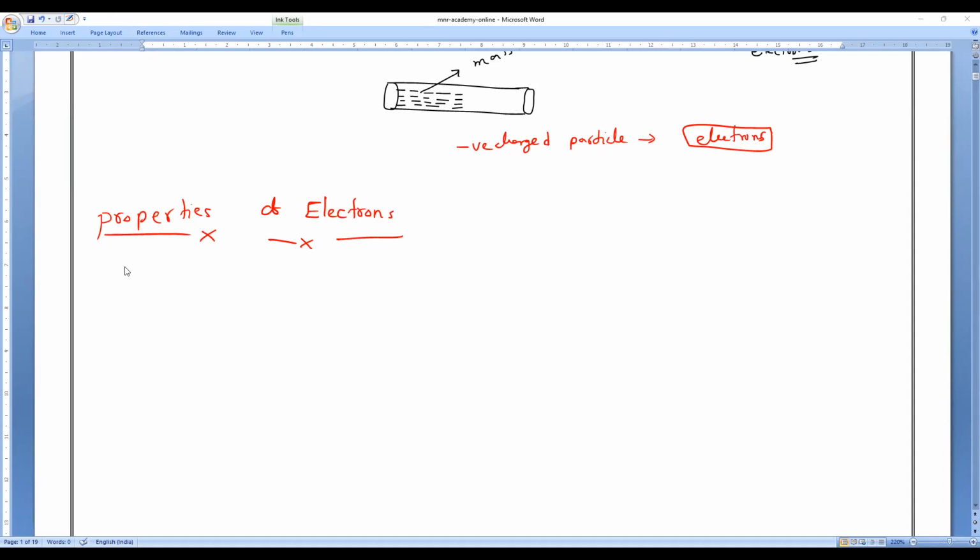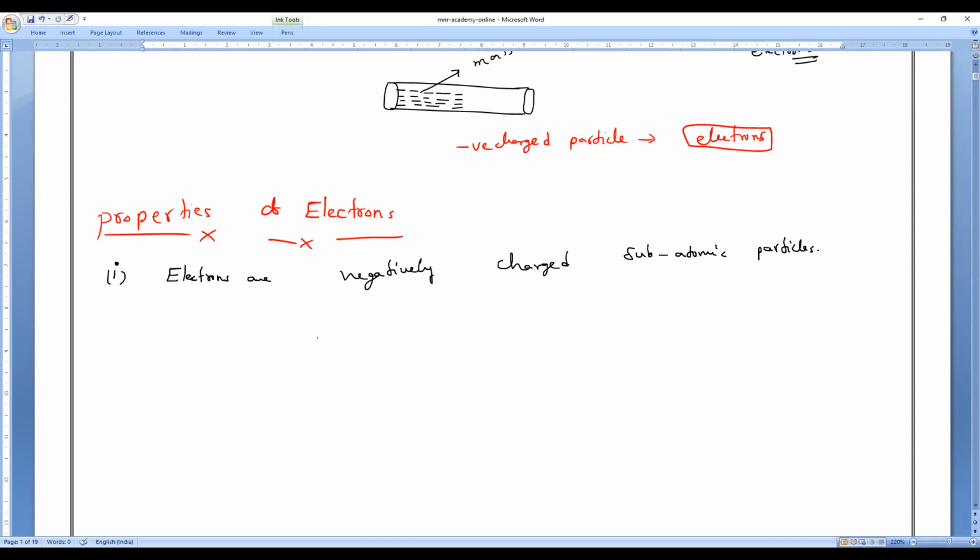So now the first point, properties of electrons. Please note it. These things have importance in every class. Next year, in 10th class physics, you will get this charge of electrons and all. So right, properties of electrons. Electrons are negatively charged subatomic particles.